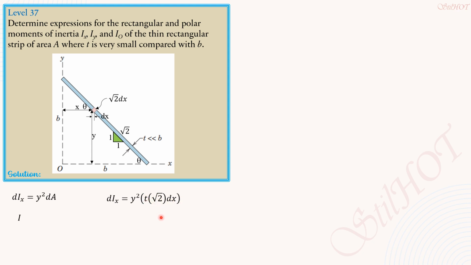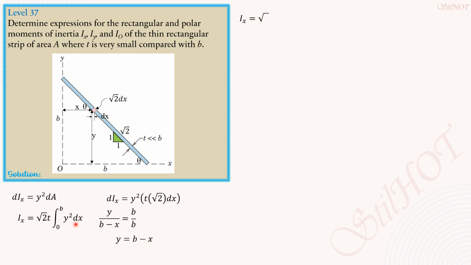So Ix is square root of 2 times thickness, integral from 0 to b, the variable of integration is x, of y squared dx. Then from the figure, by similar triangles, y is to b minus x, because this is b and that is x, so y is to b minus x equals b is to b, or 1 is to 1. So y equals b minus x.